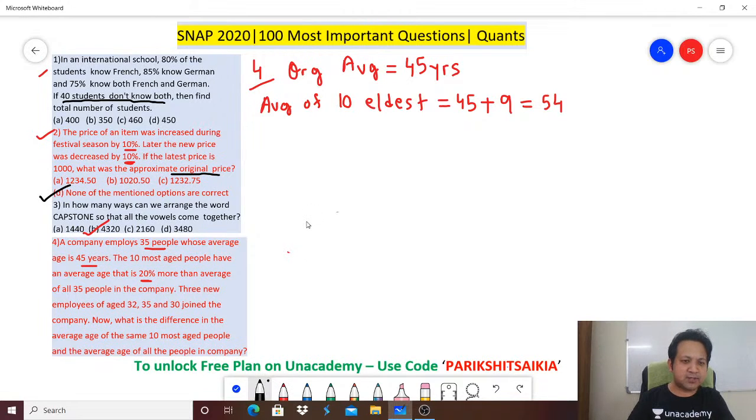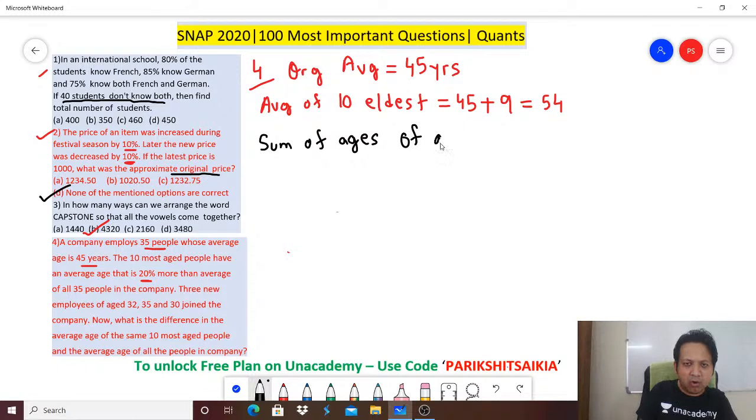3 new employees aged 32, 35 and 30 joined the company. Now what is the difference between the average age of the same 10 most aged people and the average age of all the people in the company? Okay. Now can you tell me what is the sum of all ages? It's very easy, right?